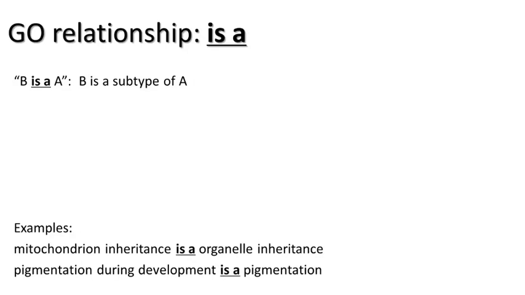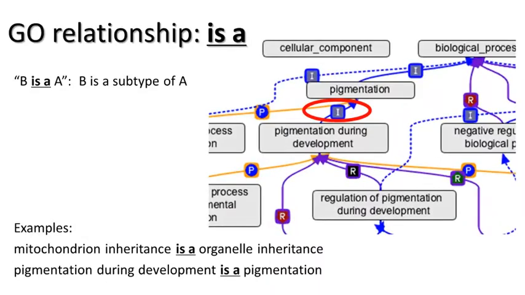Pigmentation during development is a pigmentation. In the directed acyclic graph, the is-a relationship is shown with the letter I on the edge, with the arrow pointing to the mother node.